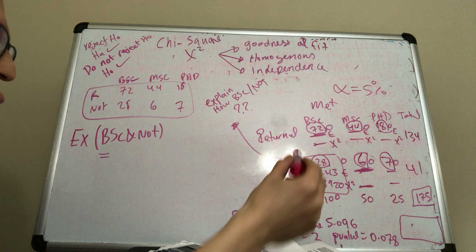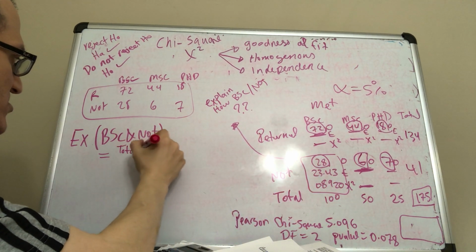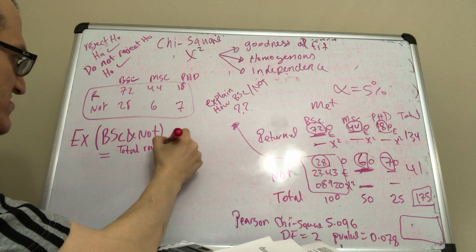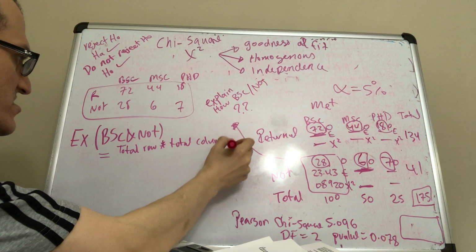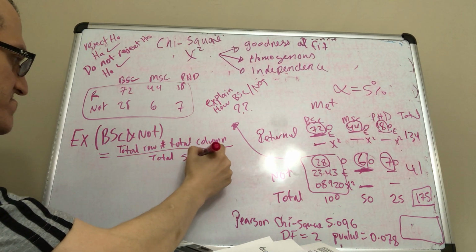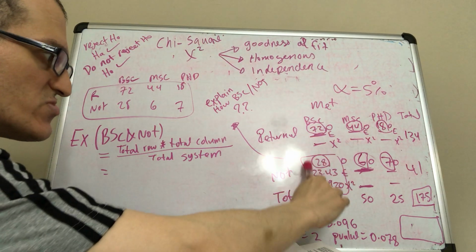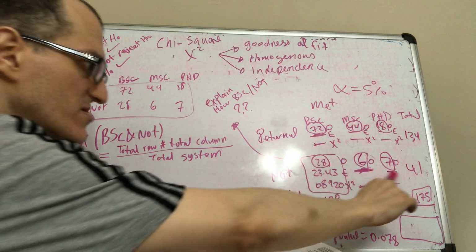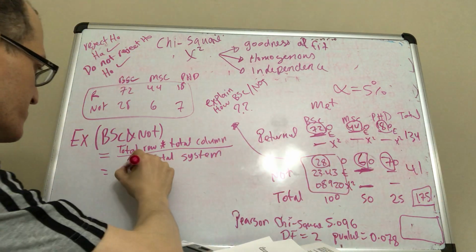Now, to do this, we take total row times total column over total system. For example, this is the row, this is the column. What's the total row? 41.